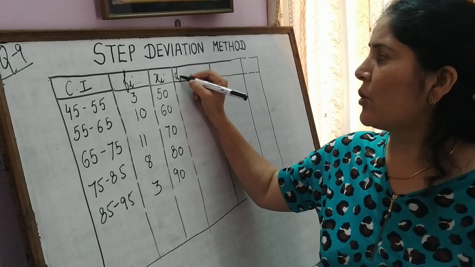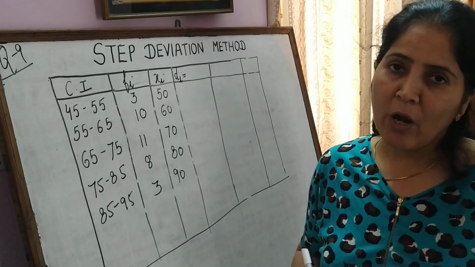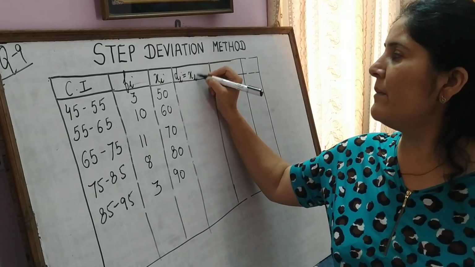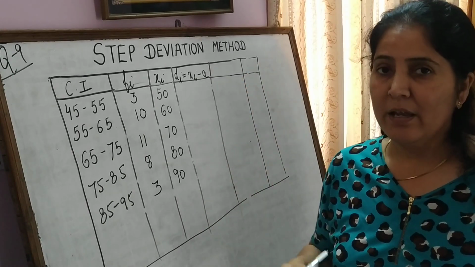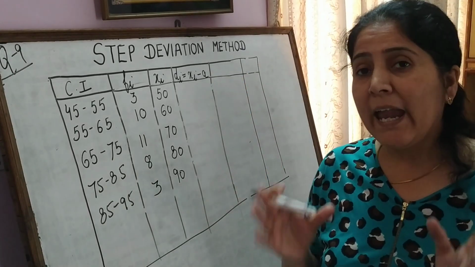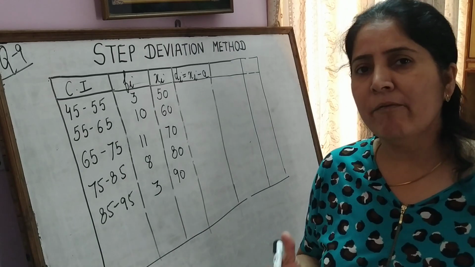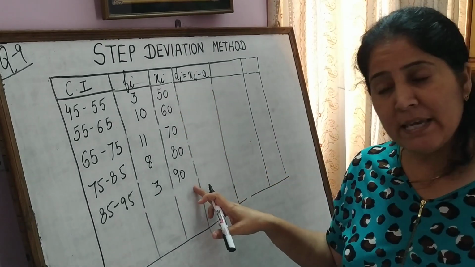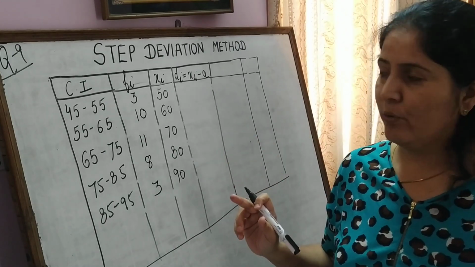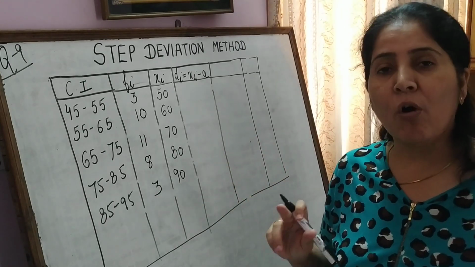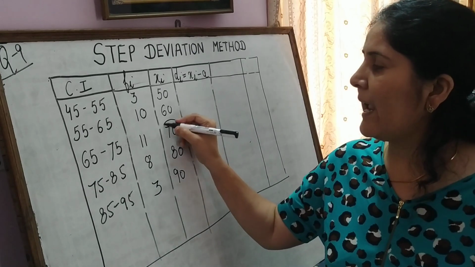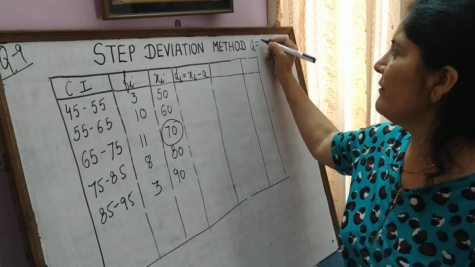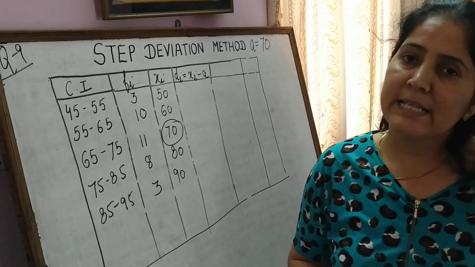In the next column, I am going to find di, and the formula is xi minus a. So what is a? You can take any value of xi as a, but I would always prefer you to take the middle value of xi as a, to avoid heavy calculation. So here I have taken my a as 70.